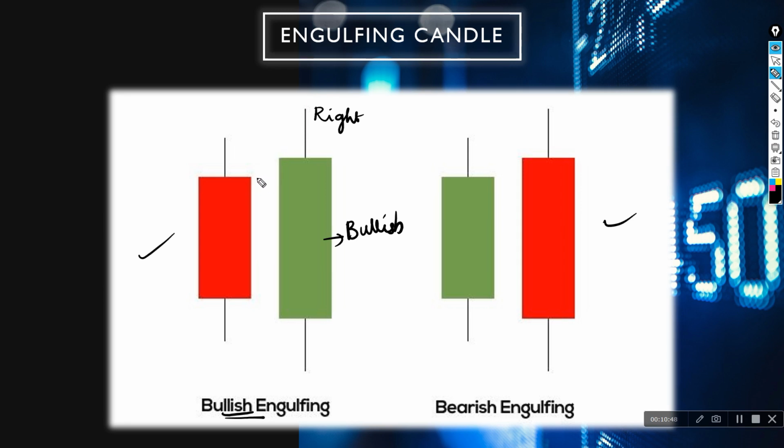When the body of a red candle is engulfed by a green candle, then we call it bullish engulfing. Please note this. On the other side, which candle is this? Bearish, right? Because it is red, obviously. And what is it doing? The body of the bullish candle, the green candle, is engulfed by the red candle. It is eaten up, right?